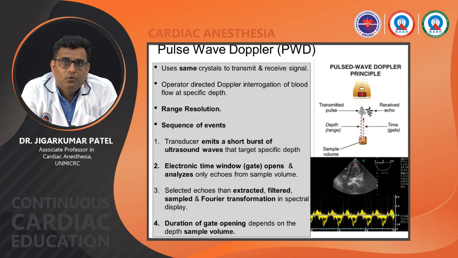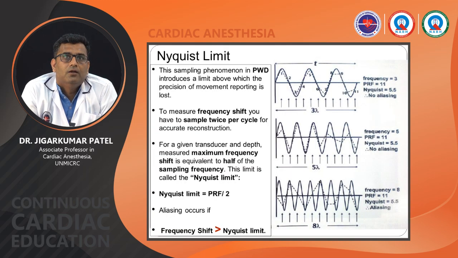So here a low sampling rate is used in pulse wave Doppler, and it can cause aliasing. So you have to understand the Nyquist limit. This pulse wave Doppler sampling phenomenon introduces a limit above which the precision of movement reporting is lost. To measure any frequency shift, you have to sample twice in one wavelength or one cycle to actually reconstruct the flow.